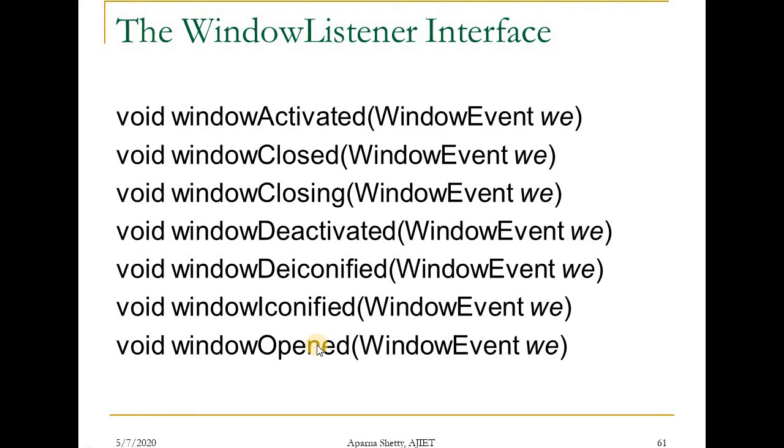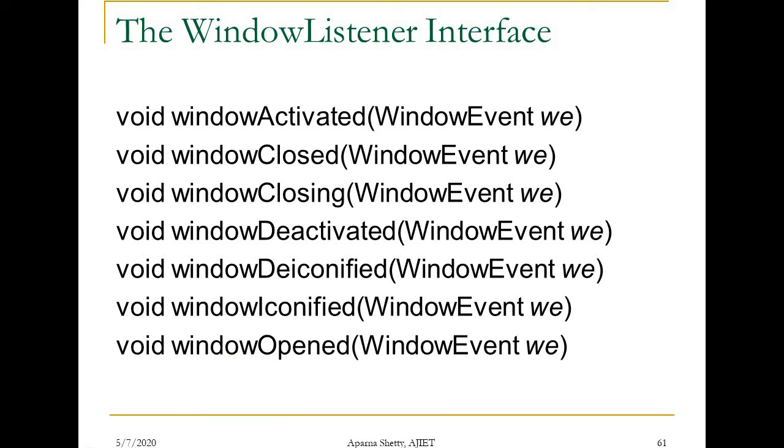The next type of listener interface is the window listener interface. Here we have 7 methods to handle the different window events: window activated, window closed, window closing, window deactivated, window de-iconified, window iconified, and finally window opened.